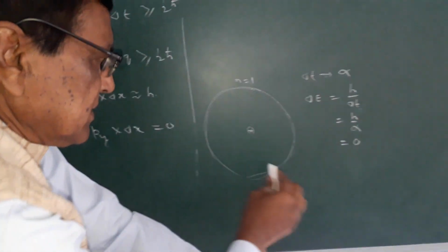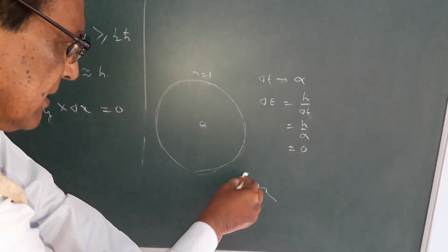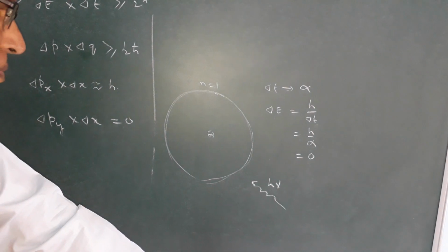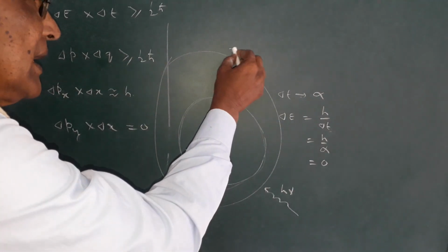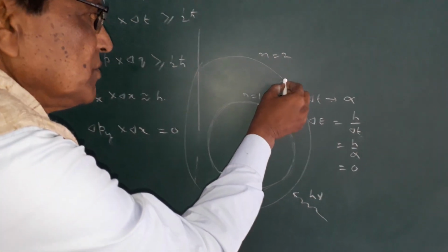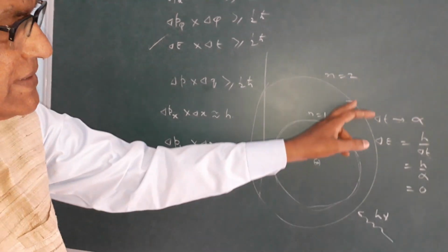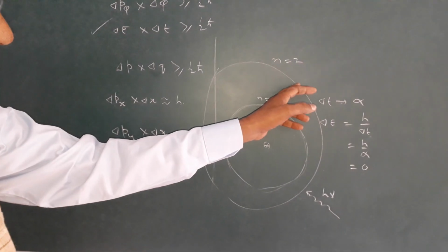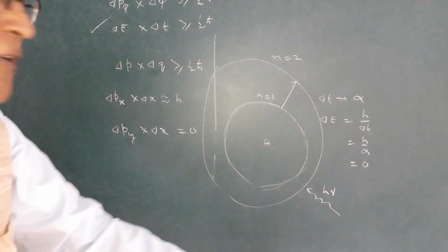If the energy is supplied in the form of a photon, then the electron will shift to another orbit, this second orbit, and this is the excited state of the hydrogen atom. And in this state, the hydrogen atom remains for a very, very small period of time.